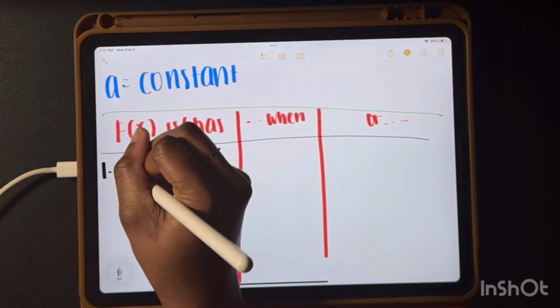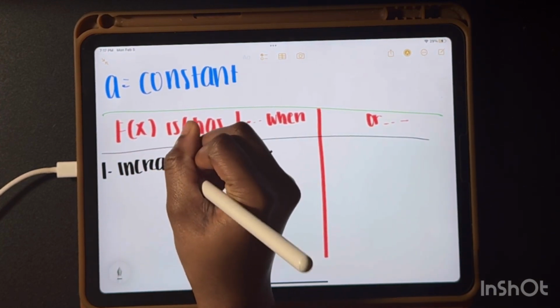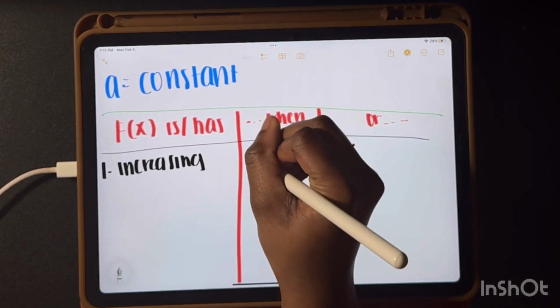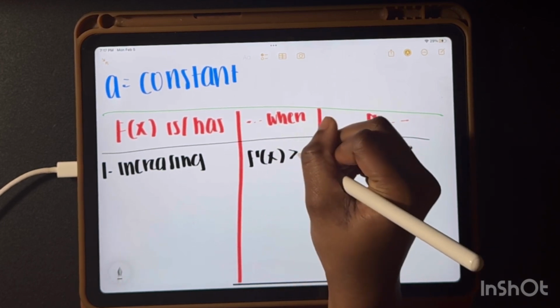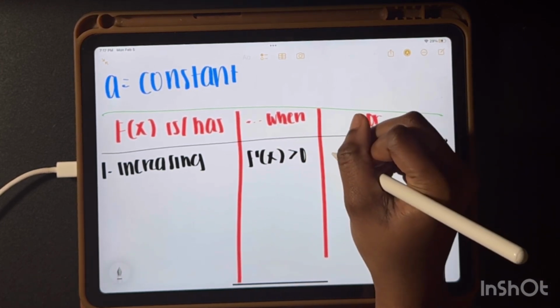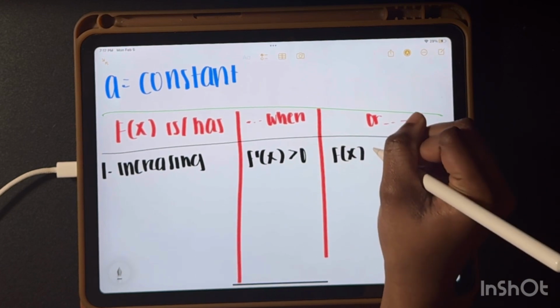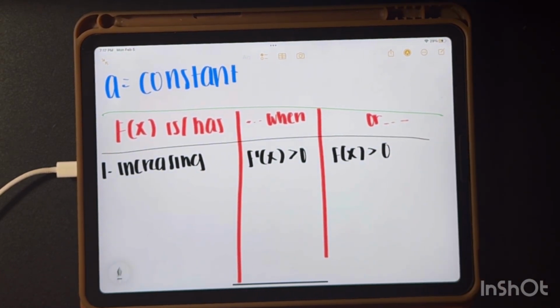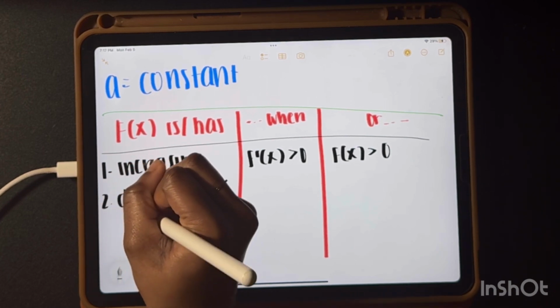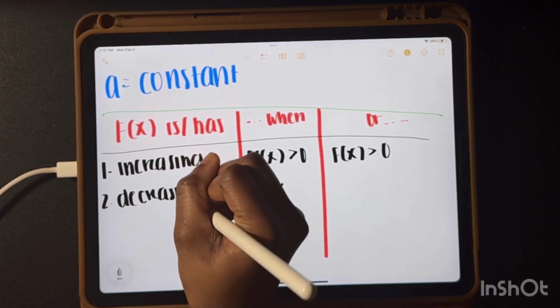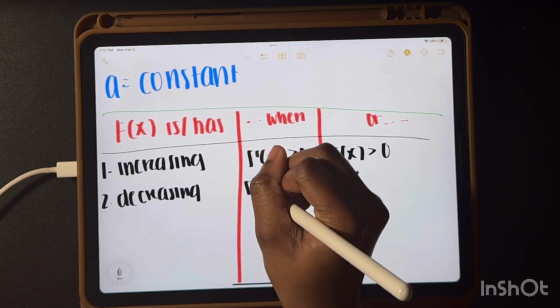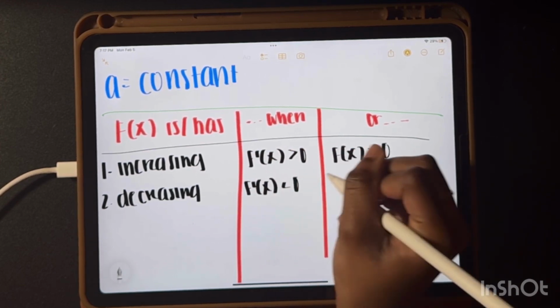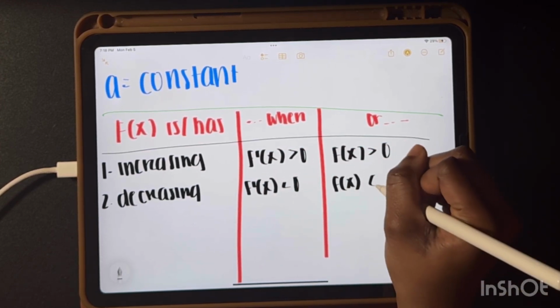When F of x is increasing, that means f prime of x is going to be greater than 0, or when f of x is greater than 0, because remember, they are inverses. Same thing goes with if F of x is decreasing: f prime of x is less than 0, and f of x is also less than 0.